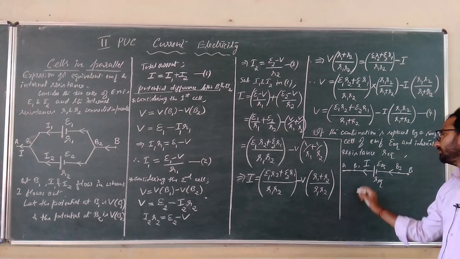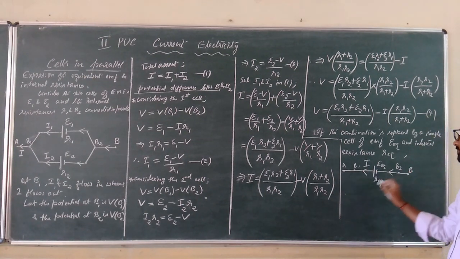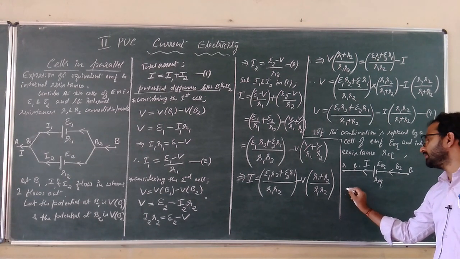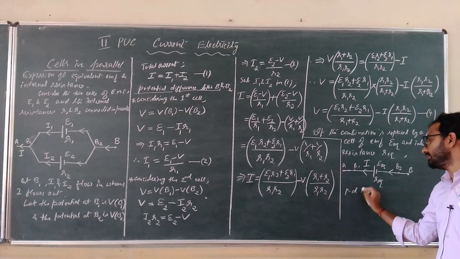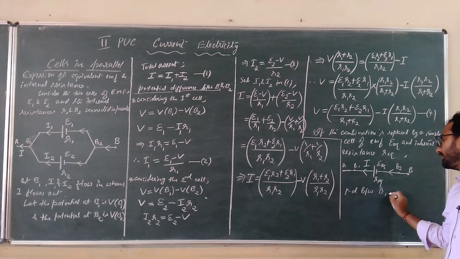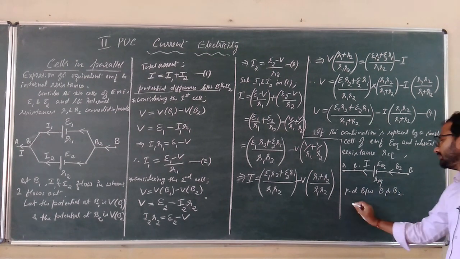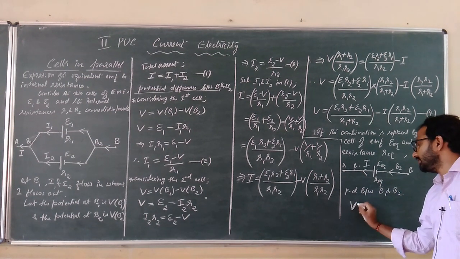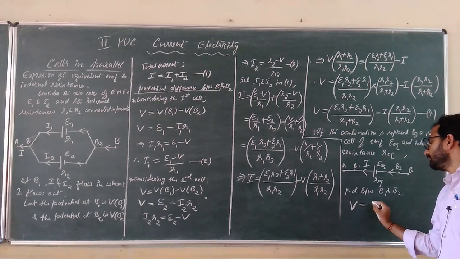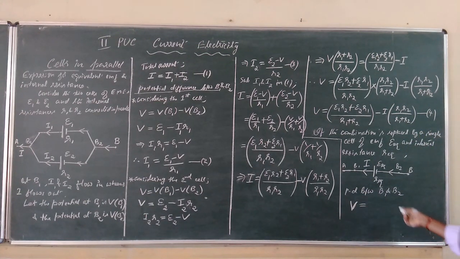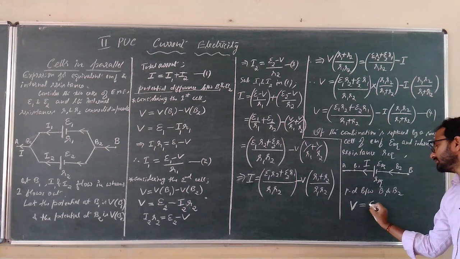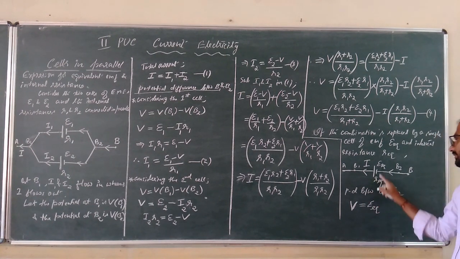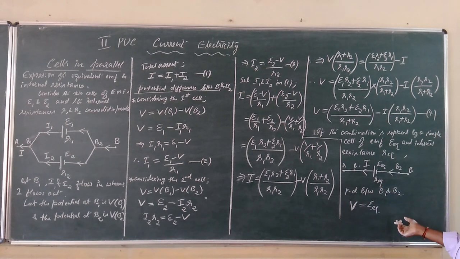So therefore now if I write the terminal potential difference between B1 and B2, it is V, which is equal to, in the form V equals E minus IR, V equals E equivalent minus IR.